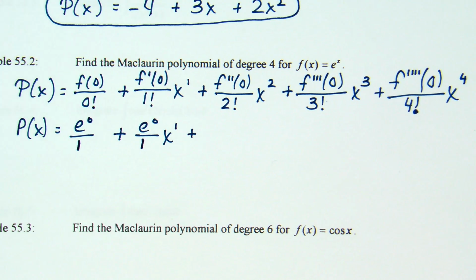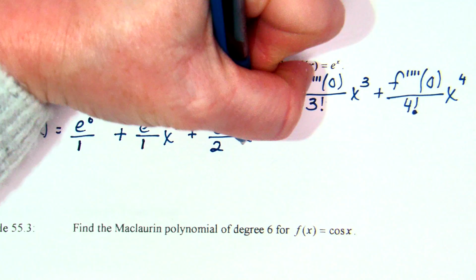Okay. What about the second derivative? E to the x, which is e to the 0, over 2 factorial. What's 2 factorial going to be? 2 times 1, which is 2, times x squared. What about the third derivative? E to the x, evaluated at 0 is e to the 0.